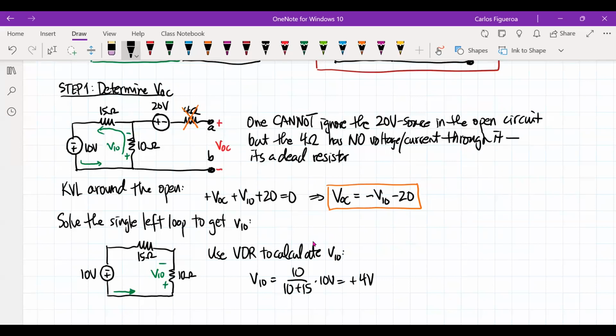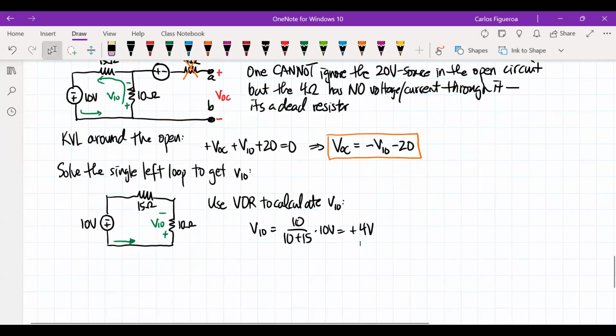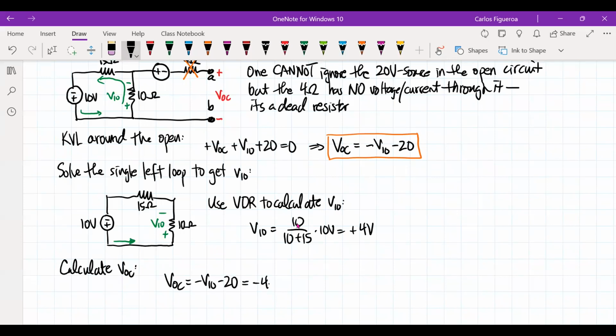So now that I have that, I can now calculate VOC. So then VOC is going to be minus V10 minus 20. And you can see here is that's 4. That's going to give me minus 4, minus 20, minus 24 volts for VOC.